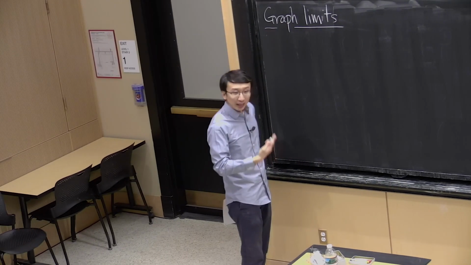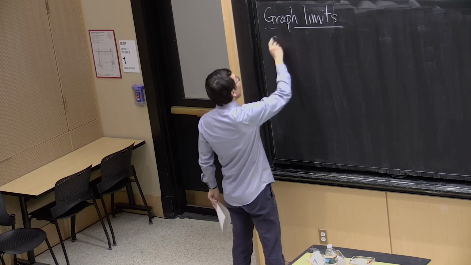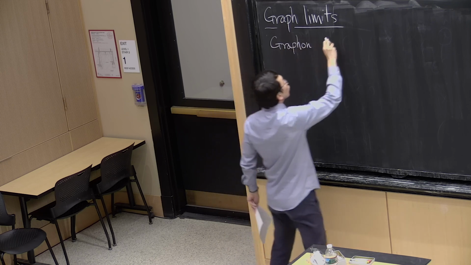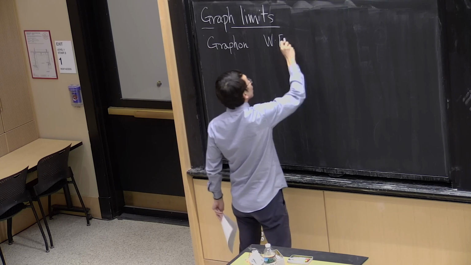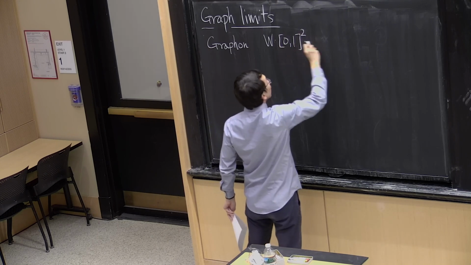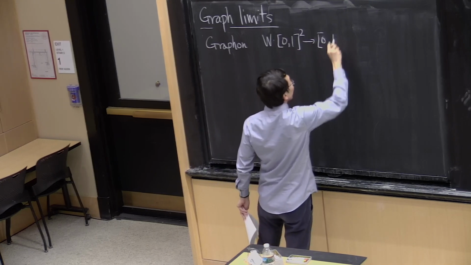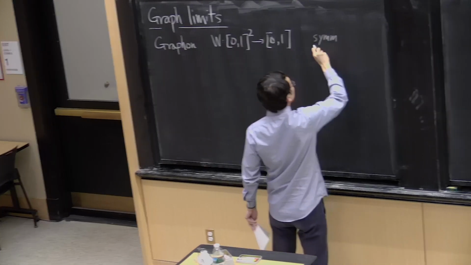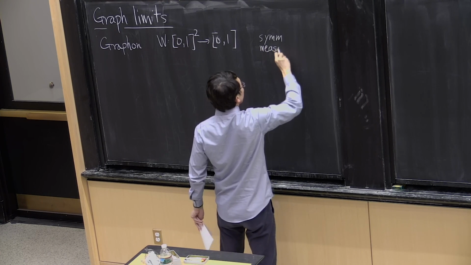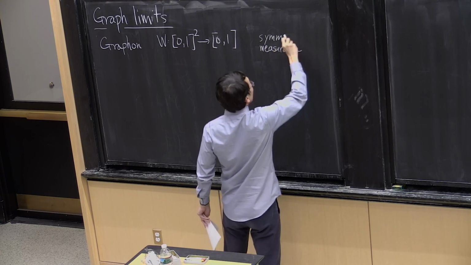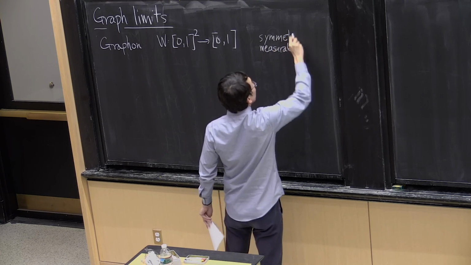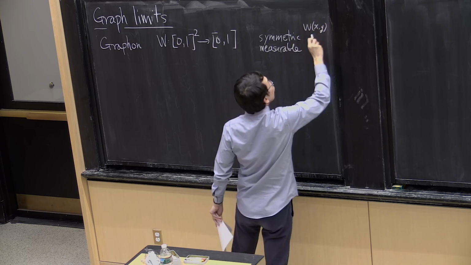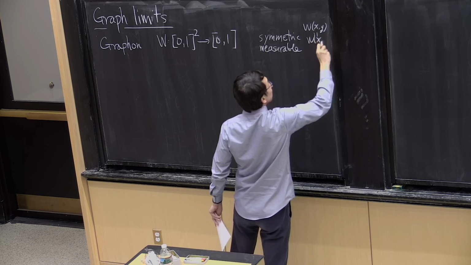One of the main objects in graph limits is that of a graphon, which is a symmetric measurable function from the unit square to the unit interval. Here, symmetric means that W(x, y) equals W(y, x).